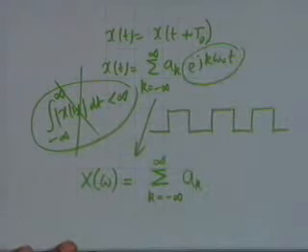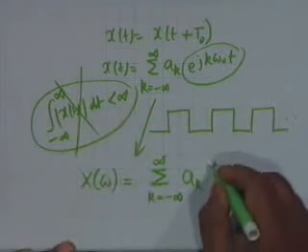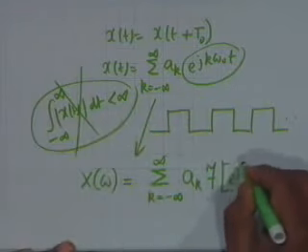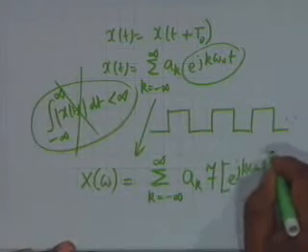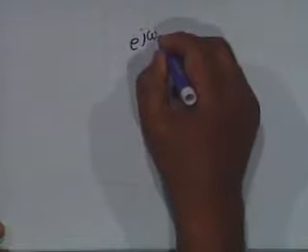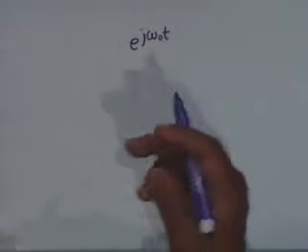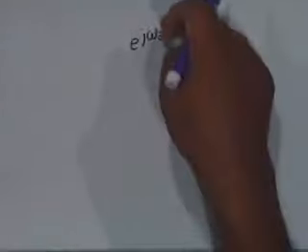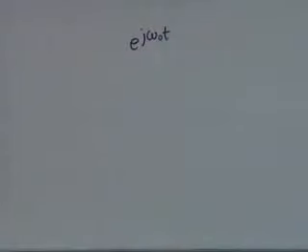Ak is a constant, so we shall have the Fourier transform of e to the j k omega 0 t. If we can find this out, then we are sure we have been able to transform. Now let's take this function e to the j omega 0 t. To be specific, we admit k equal to 1. Later on we can multiply by k, it doesn't matter.